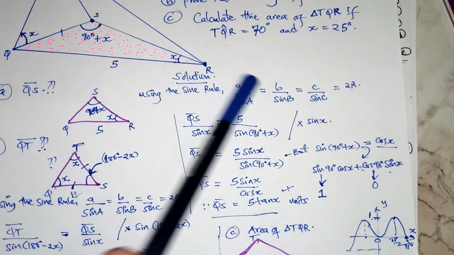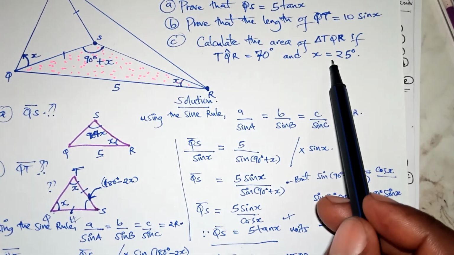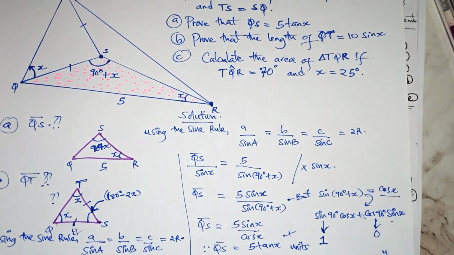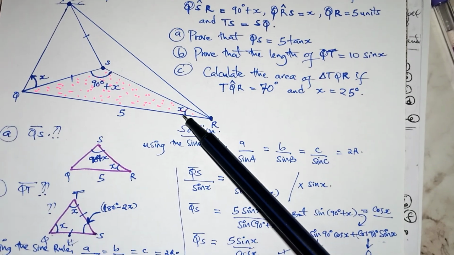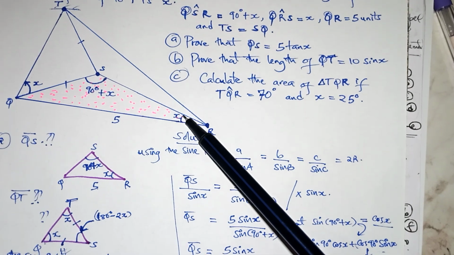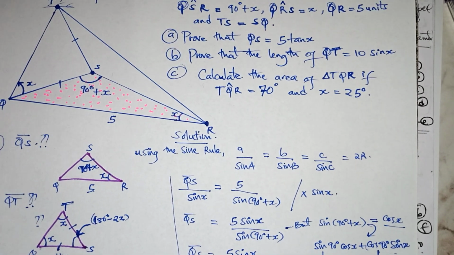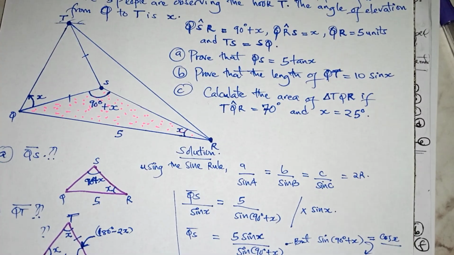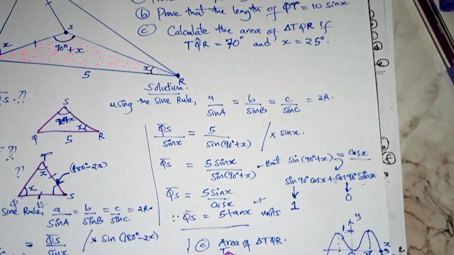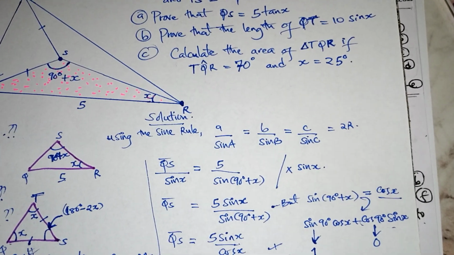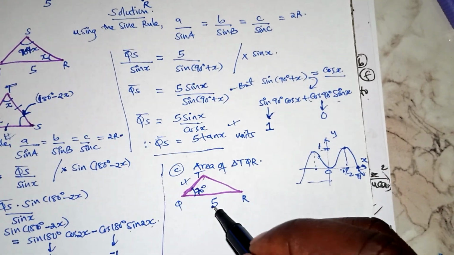We have the 5. We have the x. X is not important here in our sketch, but this 70 is important. We can show that one. We have QT. QT is known.